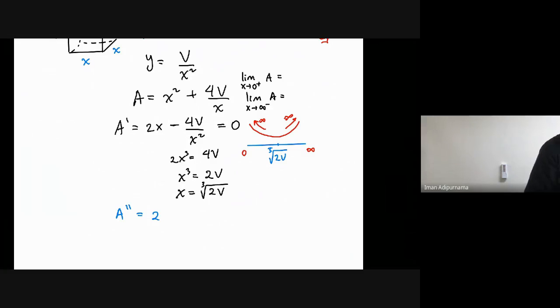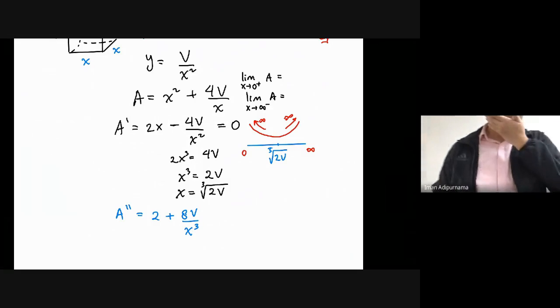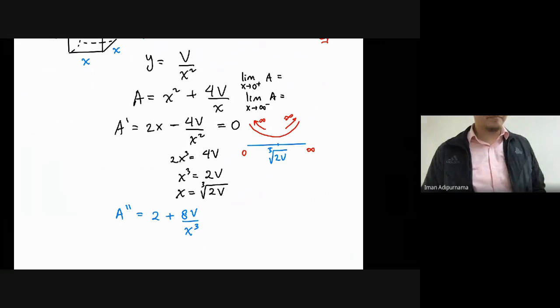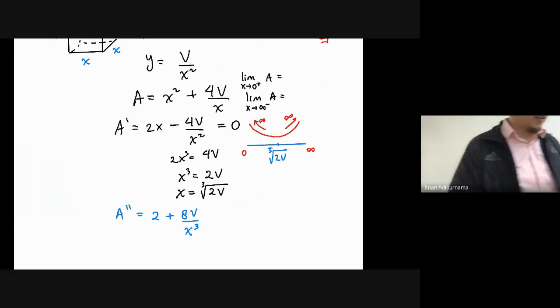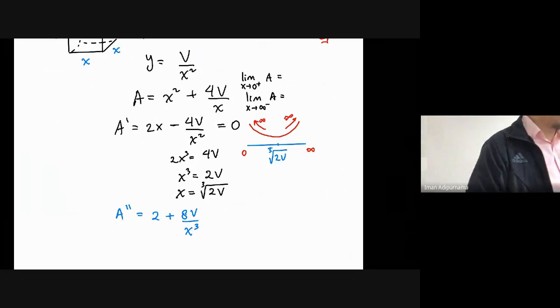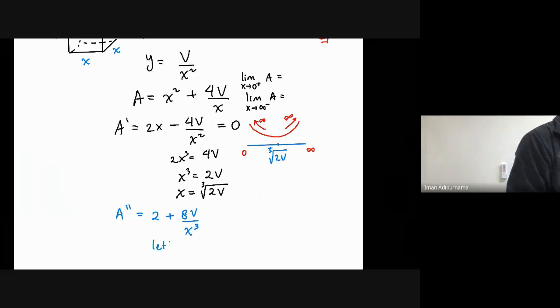It will be 2 plus 8V over x cubed. So let's check x.